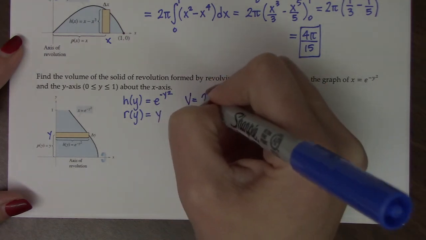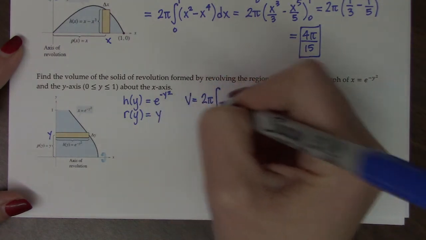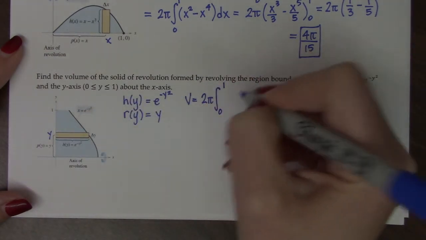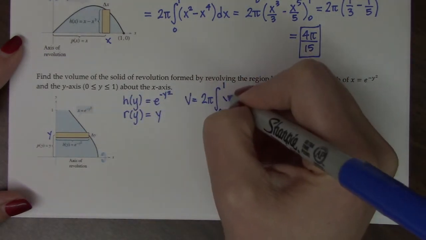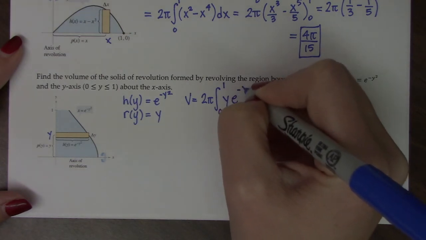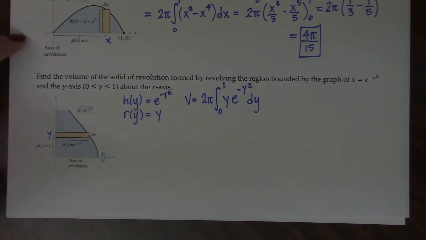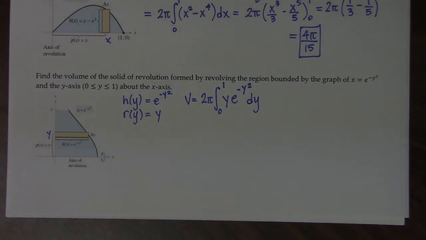So the volume is 2 pi. The bounds on y are 0 to 1. And we'll multiply these two things together, so we'll get y times e to the negative y squared. So in order to integrate this, I can do a u substitution.